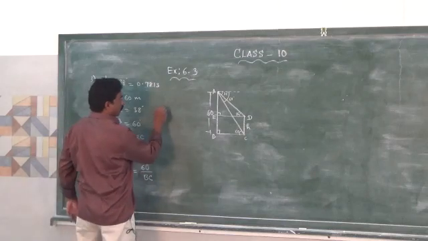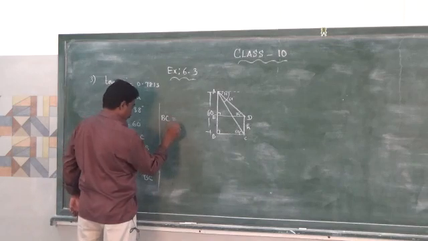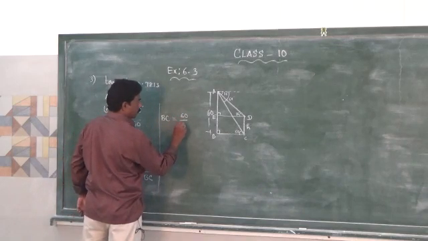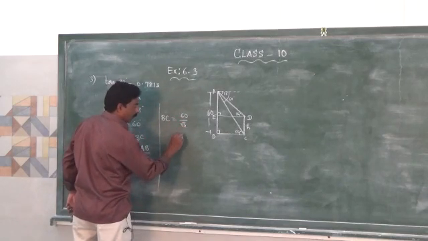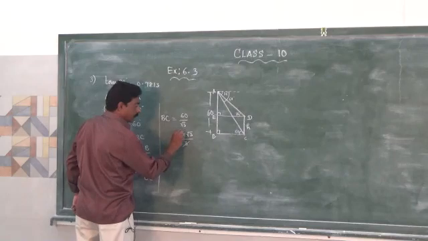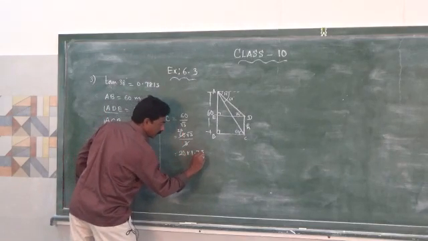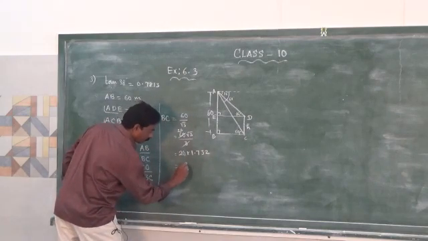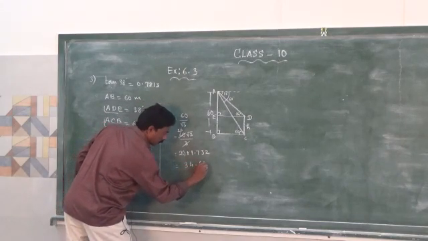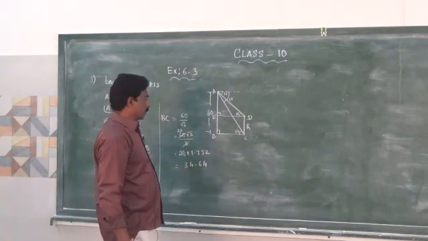Therefore, BC, when you cross multiply, is 60 by root 3. Multiply both sides by root 3, you will get 60 root 3 by 3, which is 20 root 3. So 20 into 1.732. So that is BC. BC is 34.64.